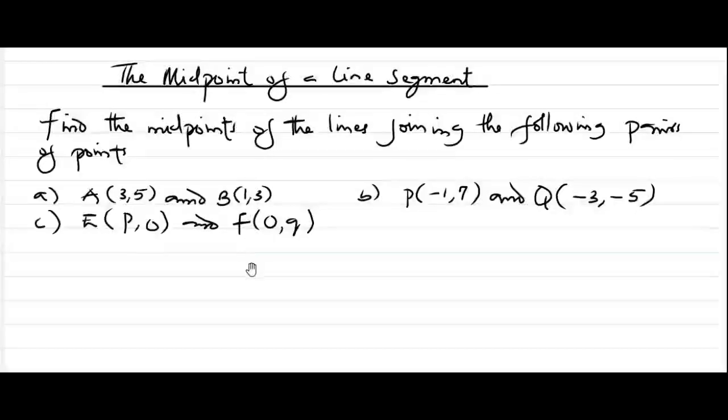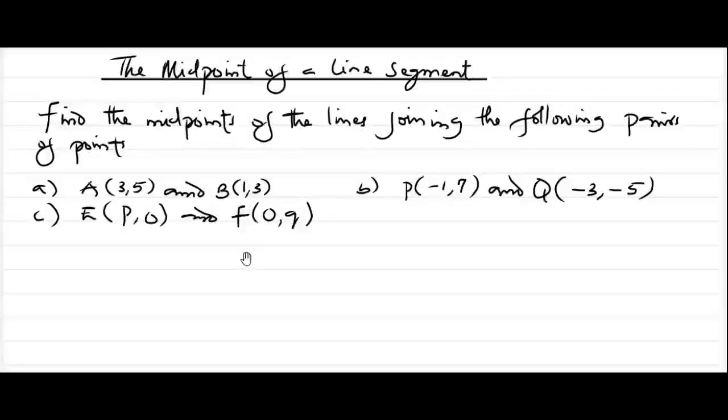The midpoint of a line segment. Finding the midpoint of a line segment. So we have a question here. Find the midpoint of the lines joining the following pairs of points. So let's start with the first question.